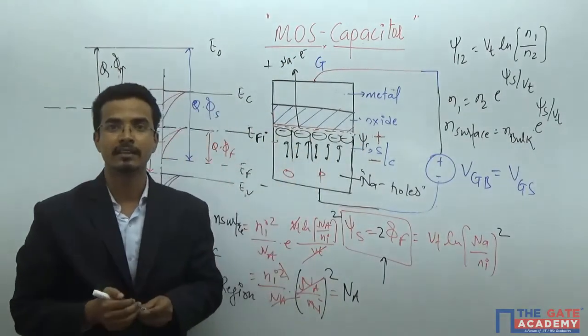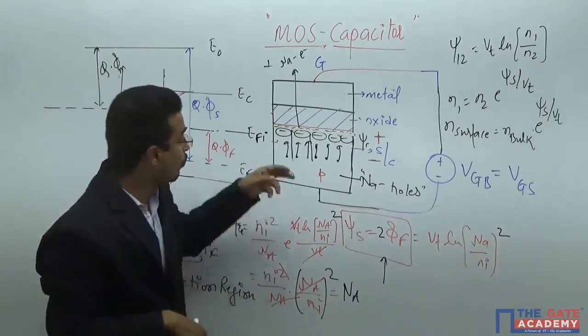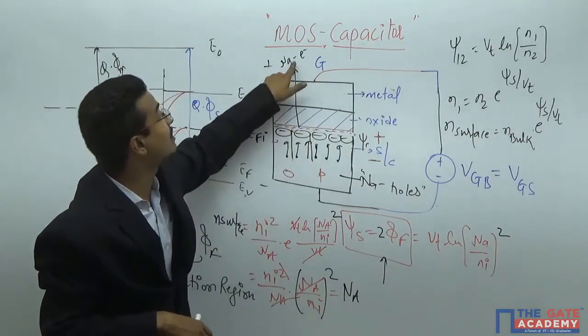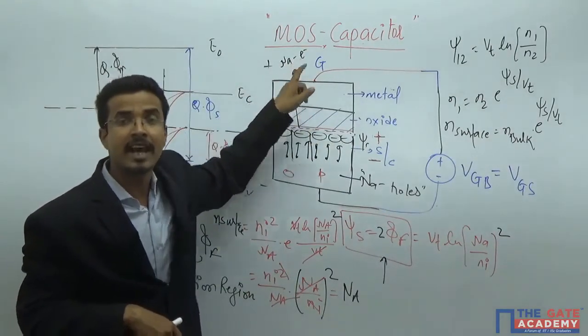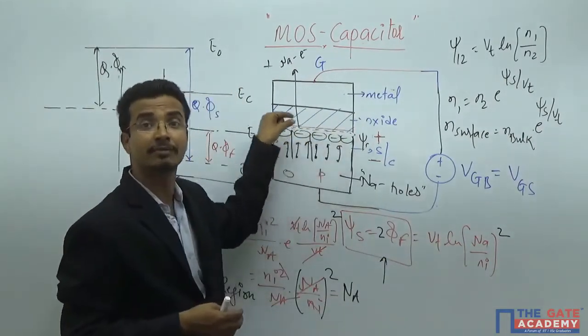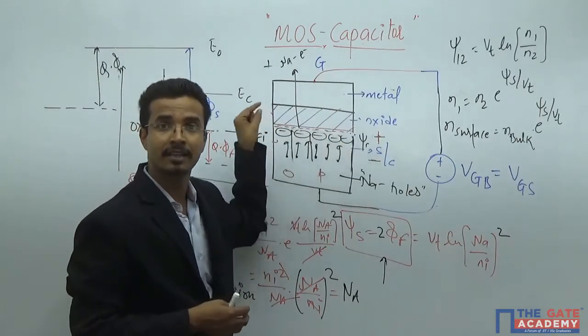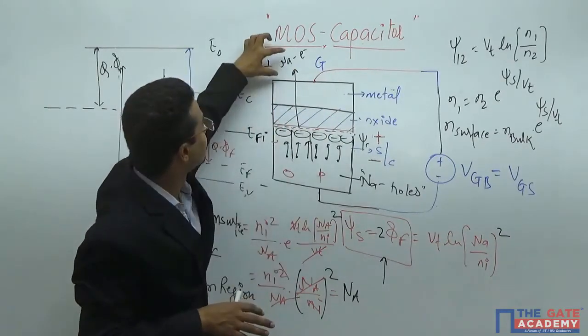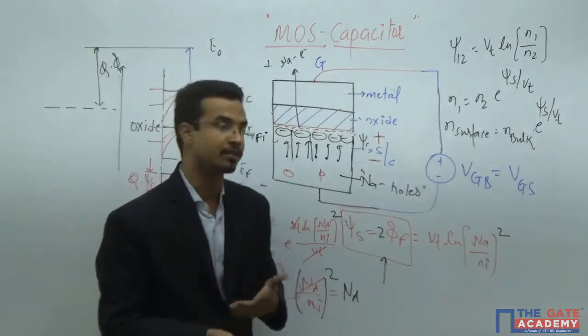What is the beauty? Previously the hole concentration was Na here, now the electrons are Na here. That means you have inverted the behavior of this surface, this interface. That is the meaning of charge inversion.